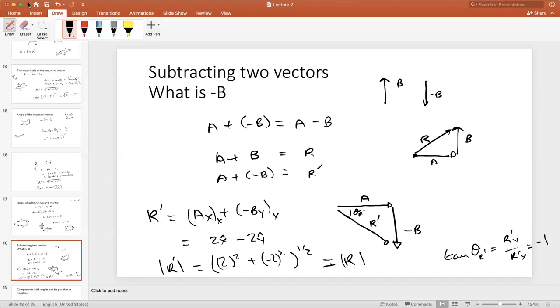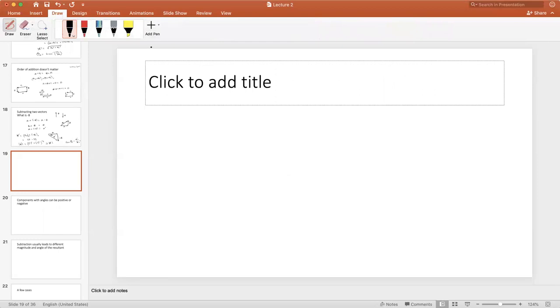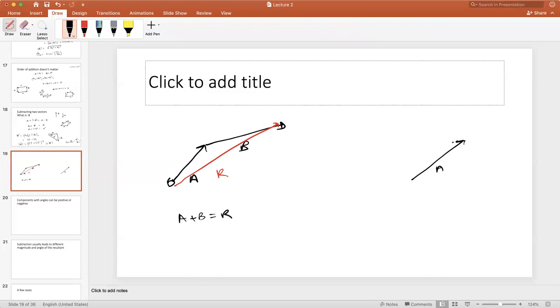A little bit clearer on that, let's do this. So imagine instead I have a vector A and a vector B, and I don't care really where these angles are, but I can draw a resultant R. And so I get that A plus B is equal to R. But now I want to take the negative of B. So here I would go A, and the negative of B is B in the opposite direction.